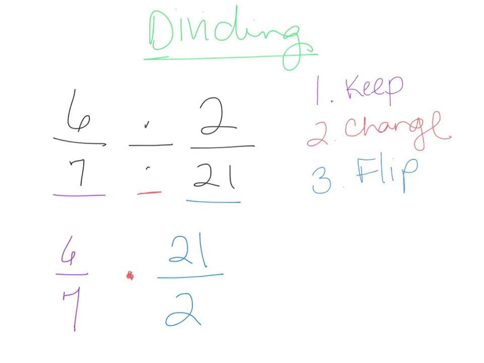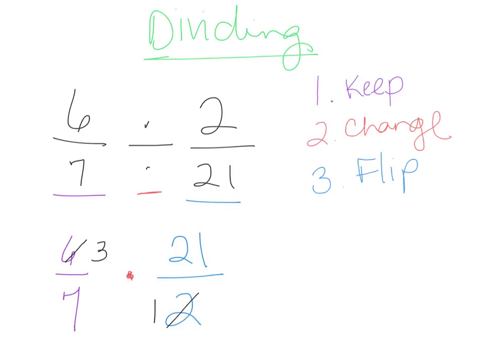Like I said with multiplication, you have your option. You can just go straight across, or you can make your life easier and see if you can reduce before you multiply. And you can. Look at what's across from each other here. 2 and 6. Is there anything that can go into both of these numbers? Yes, 2. 2 can go into itself once and into 6 3 times.